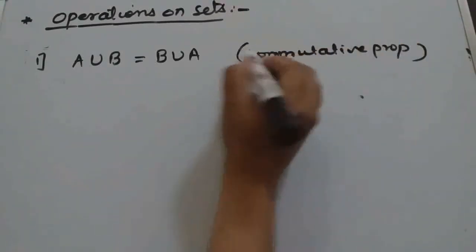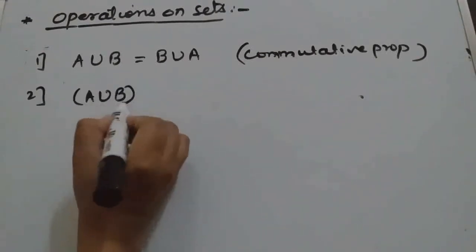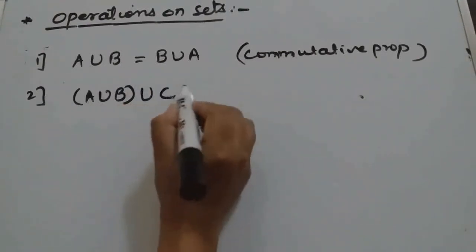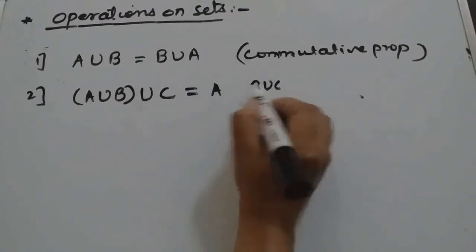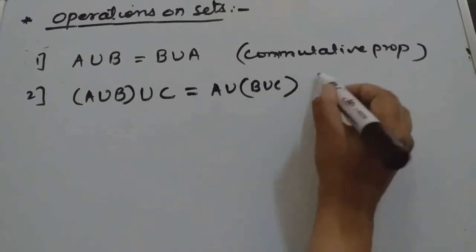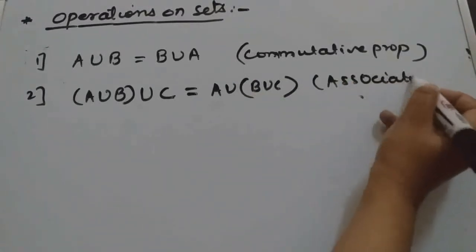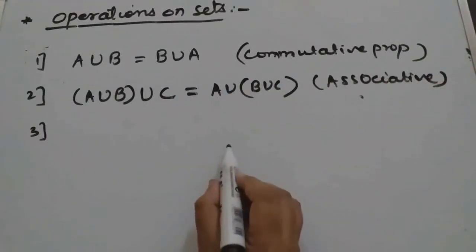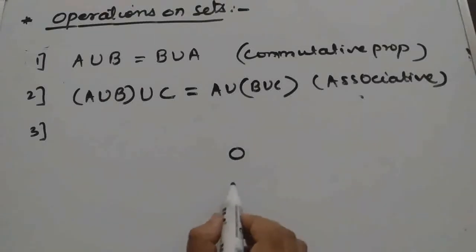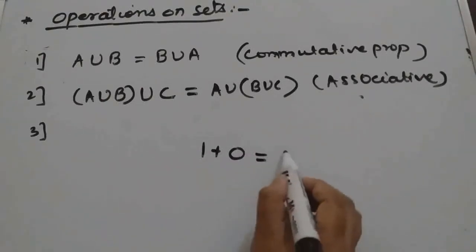Similarly, we have the associative property, which means if you find A ∪ B and then union with C, it will be the same as finding B ∪ C first and then A union that. This is the associative law. Then we know in addition, 0 is the additive identity, so if you add 0 to any number, you get the same number.